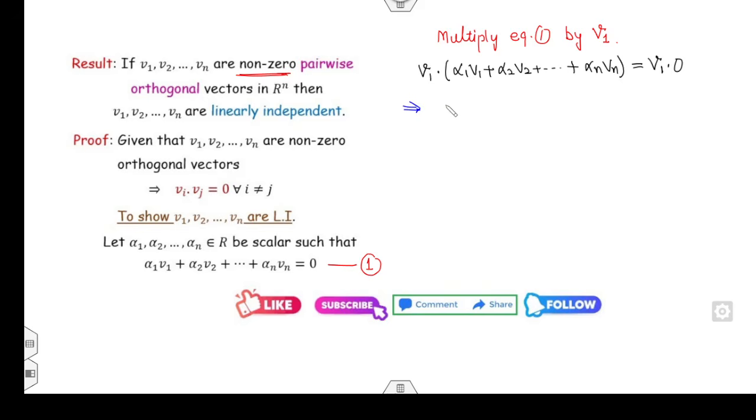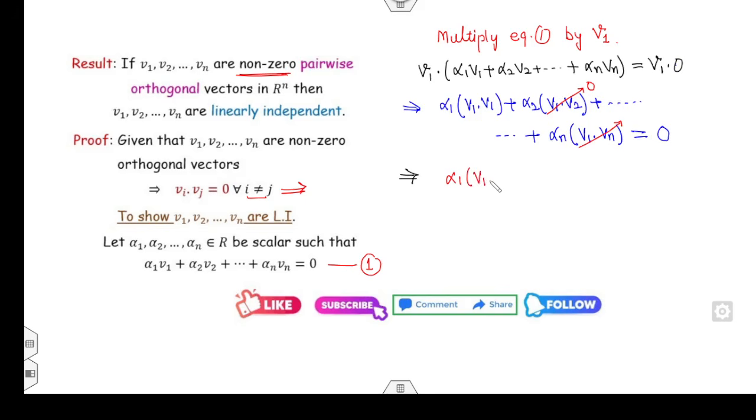Now if you open them, alpha 1 is a scalar, so that is V1 dot V1, plus alpha 2 V1 dot V2, and so on, plus alpha n V1 dot Vn, because 0 is the zero vector, so the product is 0. Now V1 dot V2 is 0 by the orthogonal property. V1 dot Vn is again 0, whenever i is not equal to j. So therefore only one expression remains, which is 0.